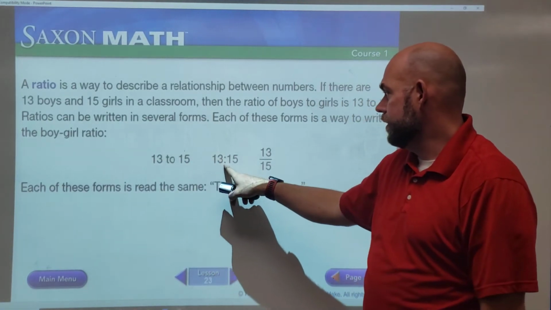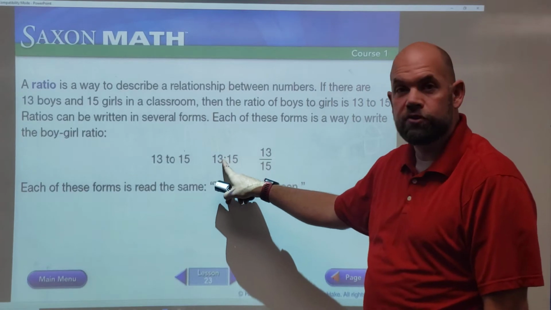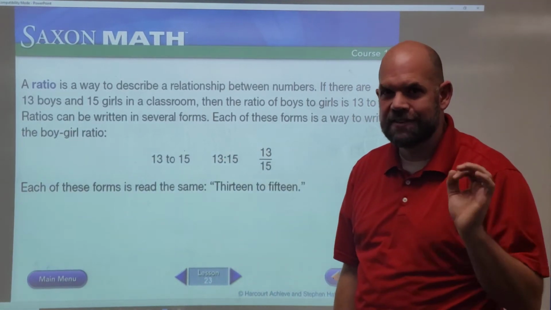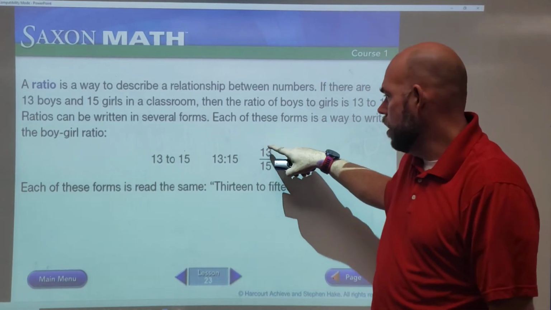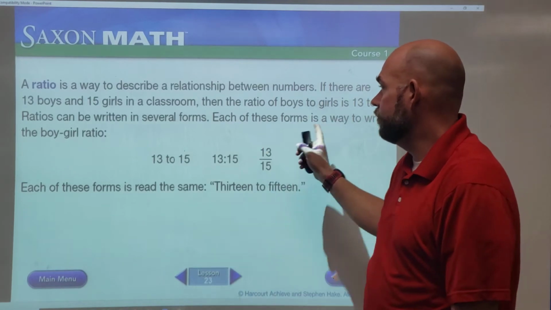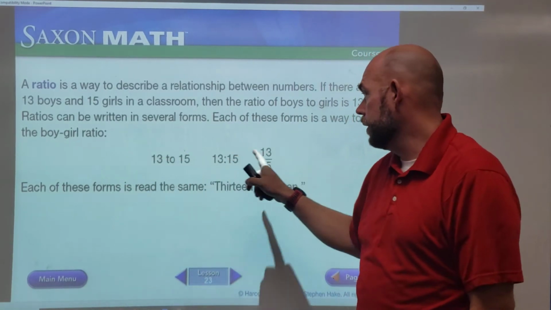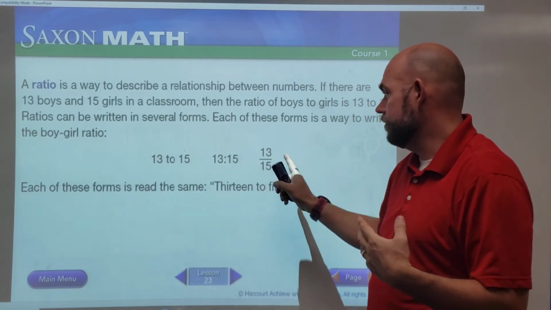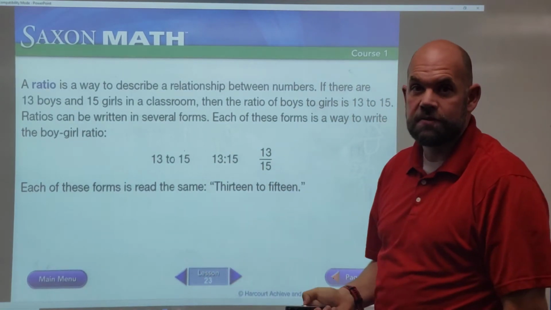You can say 13 to 15 using a colon, or you can do it in fraction. And typically in Saxon Math, we're going to do it in the fraction form. 13 to 15. Now the number on top is the first one that they ask for in the ratio. So here it's boy on top, 13 to 15. Any of these ways, we say 13 to 15.